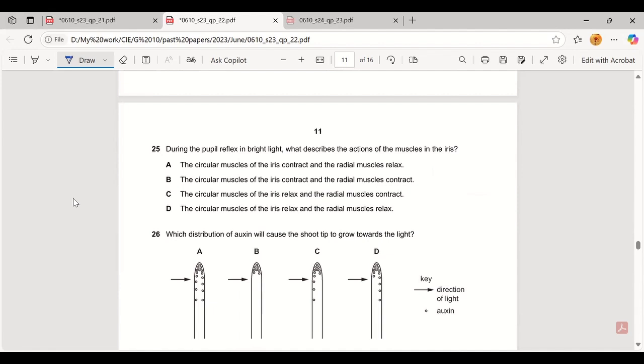During the pupil reflex in bright light, what describes the actions of the muscles in the iris, Anud? Circular muscles contract and radial muscles relax. Yes.